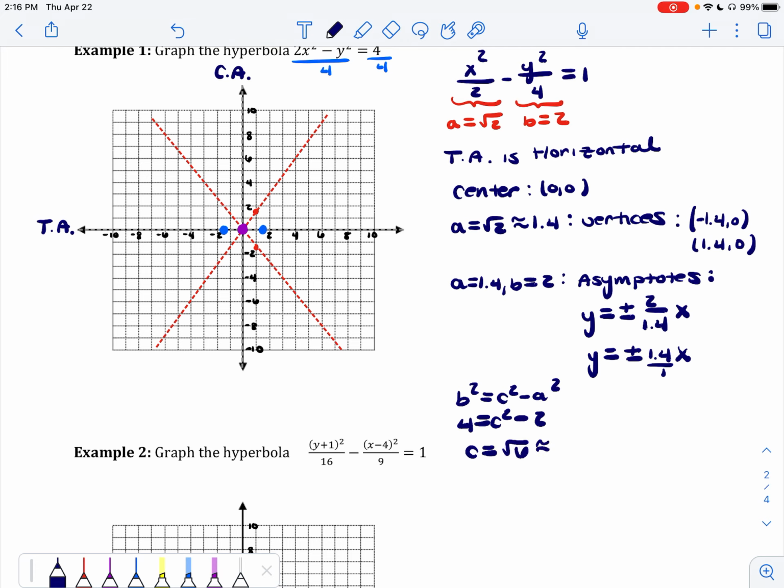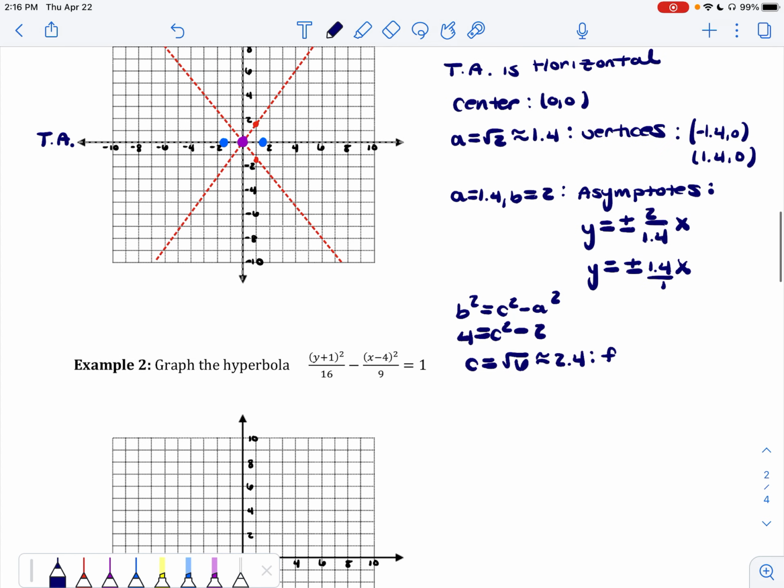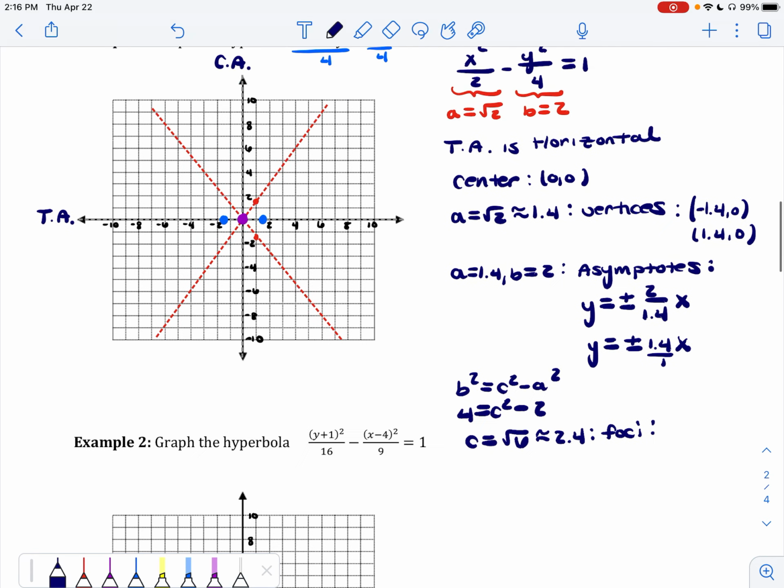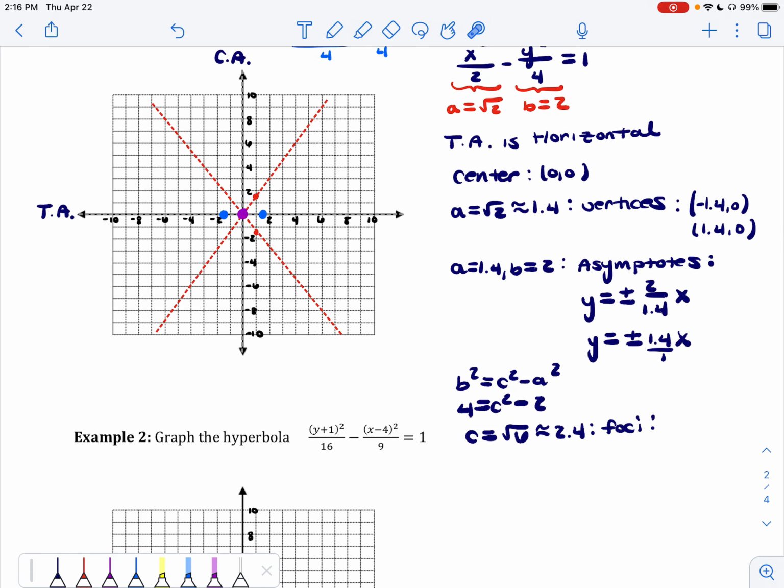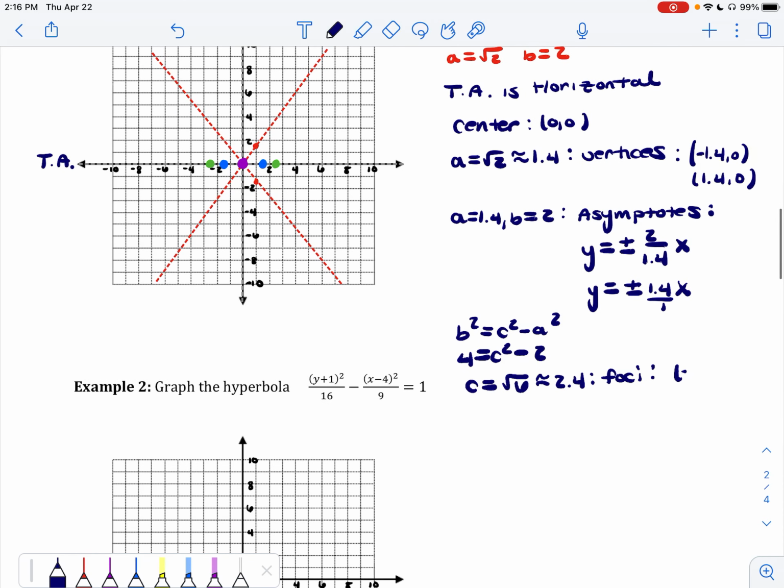And if you plug that in, that's approximately 2.4. And the c value gives us the location of the foci. All right, so from the center, we're going to count 2.4 units out to the left and to the right along that transverse axis to find our foci. So 2.4 units left is going to put us at negative 2.4, 0. 2.4 units right is going to put us at positive 2.4, 0.